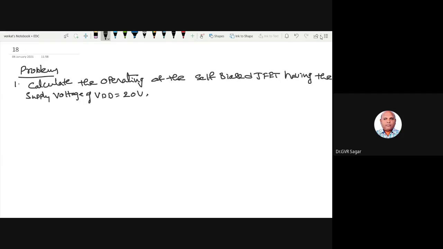Maximum value of drain current IDSS is equal to 10 milliamps, and VGS is equal to minus 3 volts at ID equal to 4 milliamps.